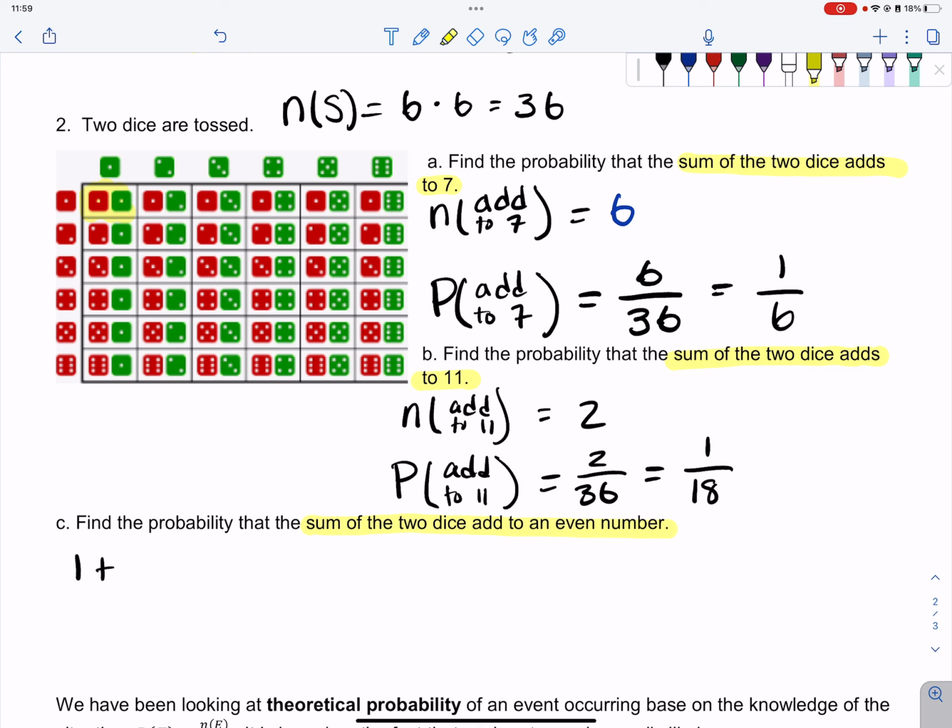And then we have 1, 2, and 3 that add up to be 4. And then we have 1, 2, 3, 4, and 5 that add up to be 6. And then for 8, we have 1, 2, 3, 4, and 5.